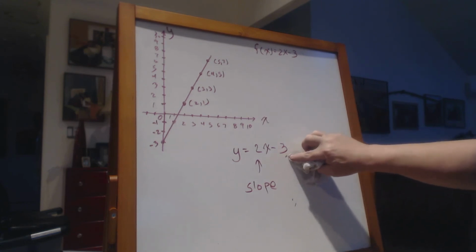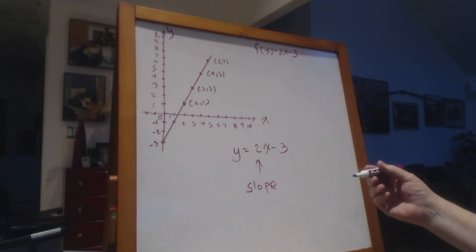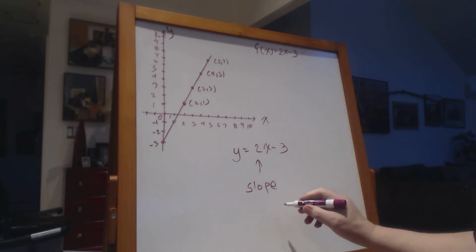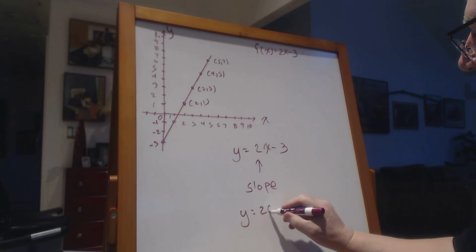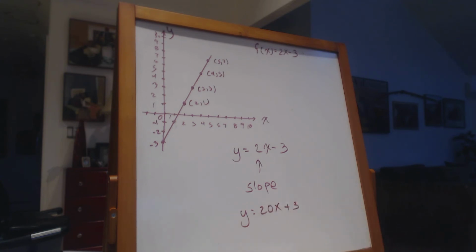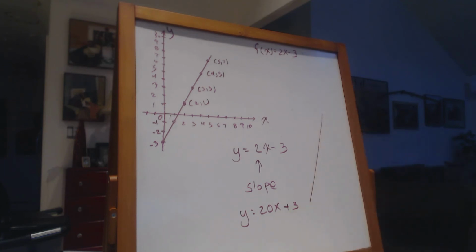And the slope is how steep. Now, if we say something has a very steep slope, that means the number is big. So y equals 20x plus 3 means it's very steep.